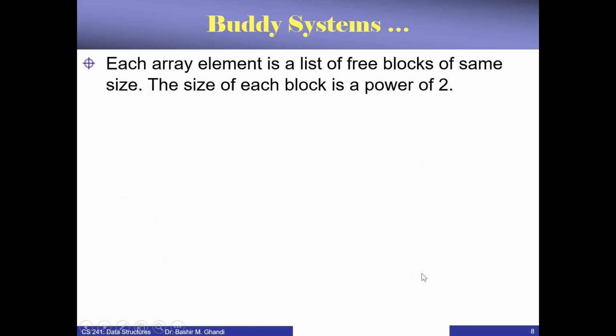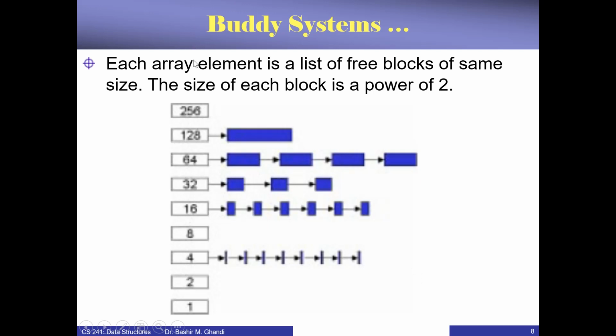Let us see that diagrammatically. Say each array element, so this is our array, will contain a list of free blocks. So it will contain a linked list, and the linked list will contain blocks of the same size. In this configuration, so far there are no 1 byte blocks, no 2 byte blocks, but we have many blocks of size 4 bytes: 1, 2, 3, 4, 5, 6, 7, 8 of them.